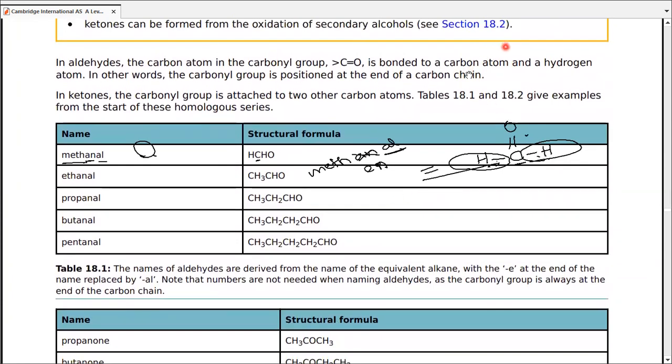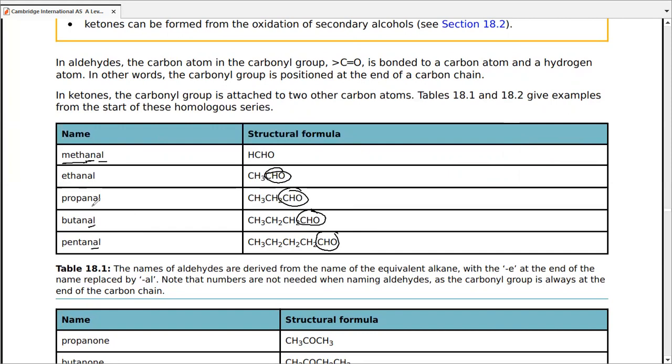Now, if this much is clear, I hope you understand the next members of the homologous series already. That is ethanal and propanal, butanal, pentanal. Now, I hope you do understand that this CHO in these cases is not just the suffix at the end of the name. In fact, it's just one end of the structure.